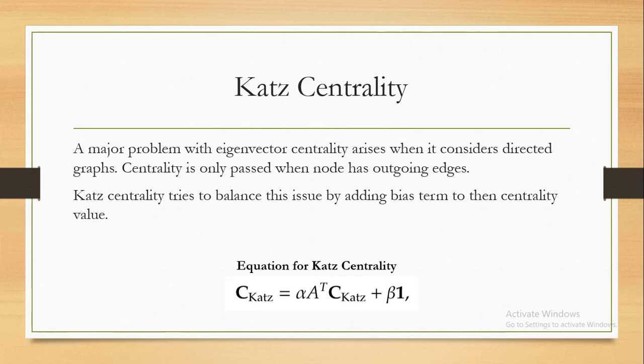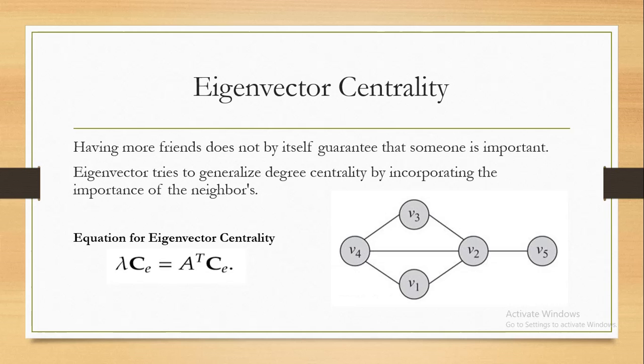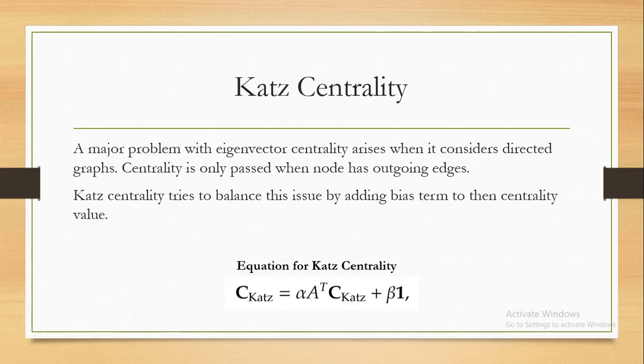This problem can be rectified by adding a bias term to the centrality value. So Katz centrality tries to balance this issue by adding a bias term. You can see that the equation of eigenvector centrality and the equation of Katz centrality are somewhat similar. The only difference is that a bias term is added.